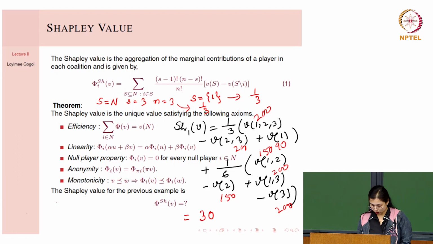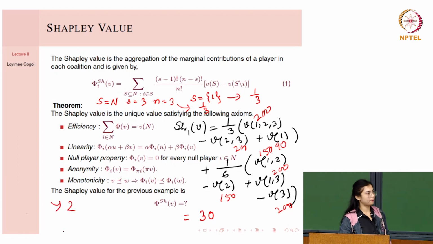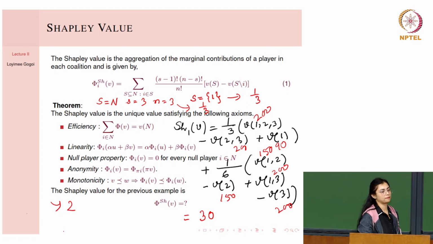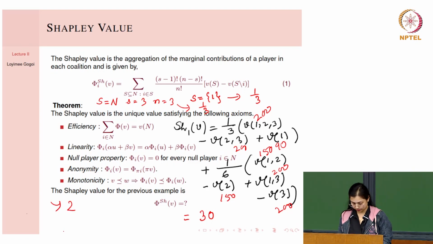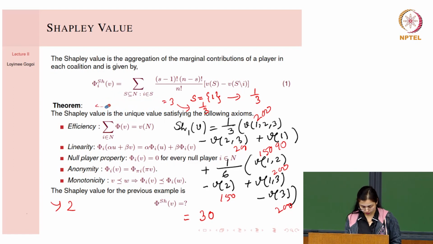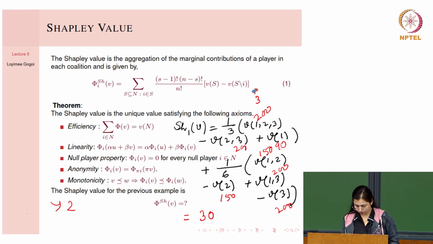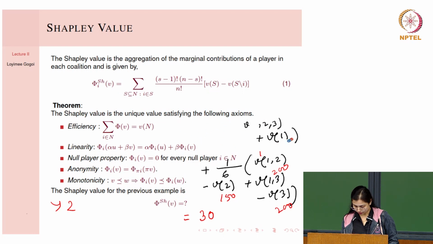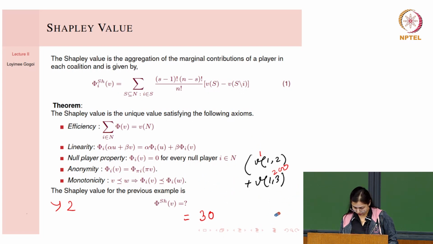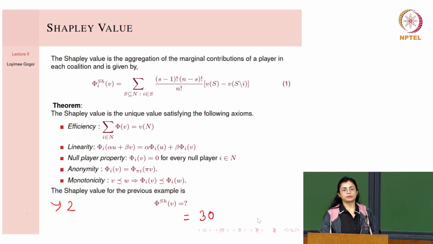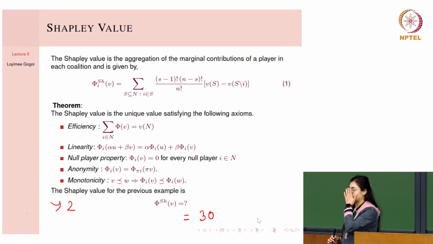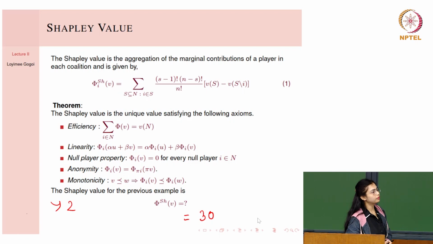This 3. So, similarly if you calculate for the player 2, you got something. So, for the player 1 we got 30.